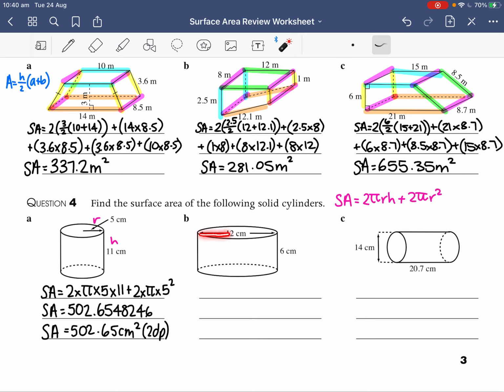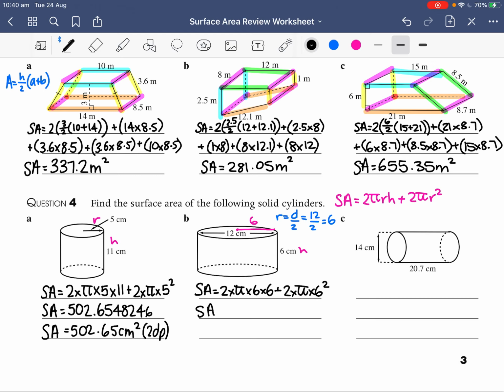For part B, we have a diameter, we don't have a radius. So how we get to a radius is our diameter divided by 2. So this is 12 divided by 2, which equals 6. So we have that our radius is worth 6 and our height is also worth 6. So we'll have surface area equals 2 times pi times 6 times 6 plus 2 times pi times 6 squared.